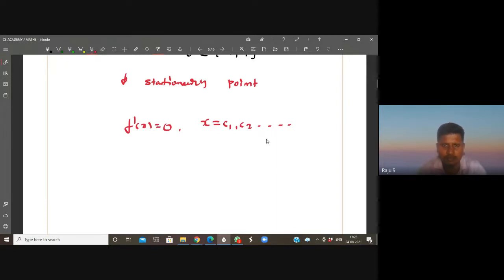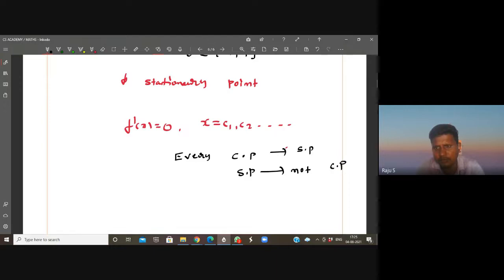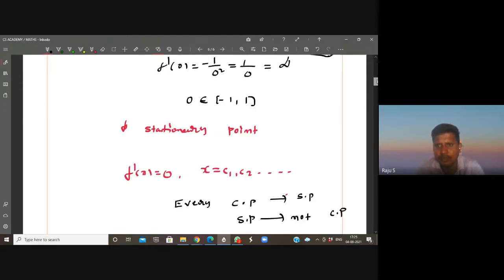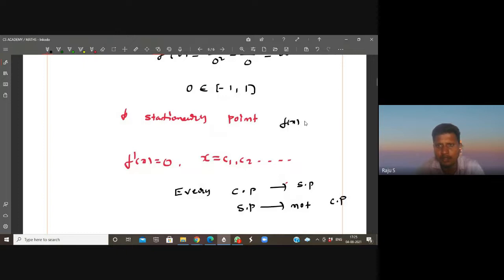Is every stationary point a critical point? No. You have to remember that every critical point is a stationary point, but every stationary point is not a critical point, it is not necessary. For example, f of x is equal to sine x.